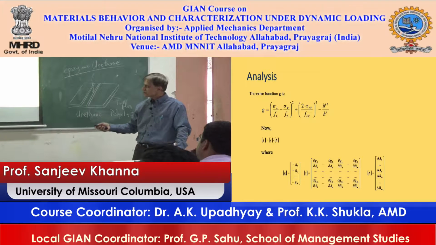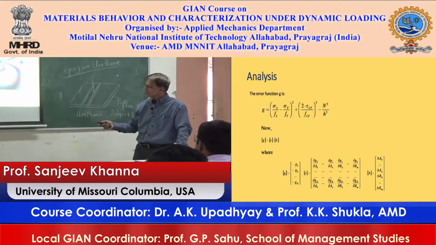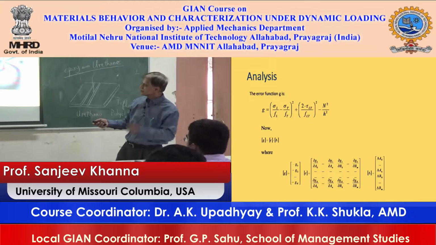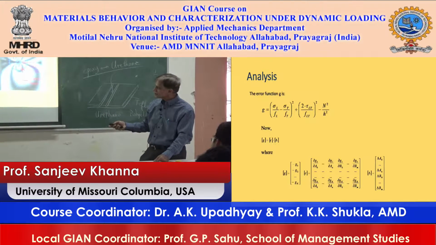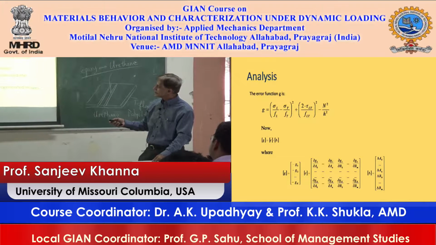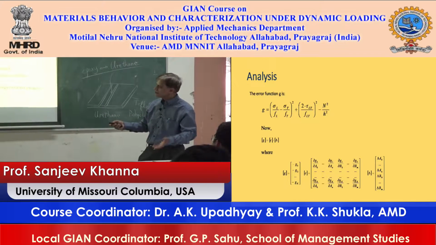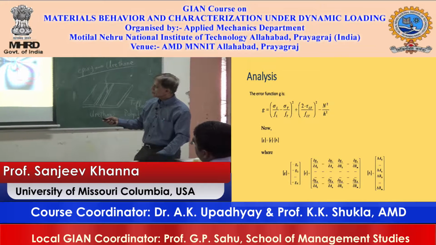But I have so many points, so I go through a least square solution here, try to minimize the error, and then we calculate these constants A n, B n, and everything from that scheme.